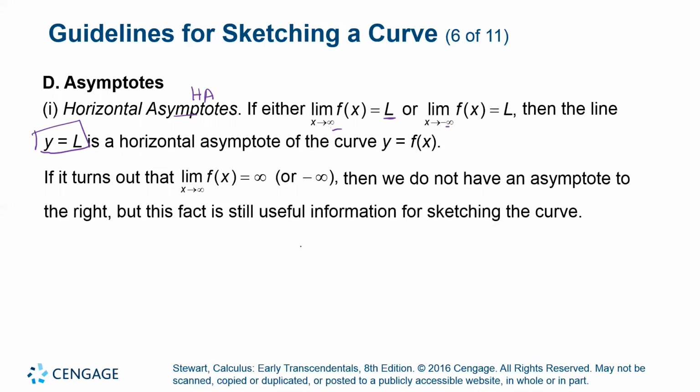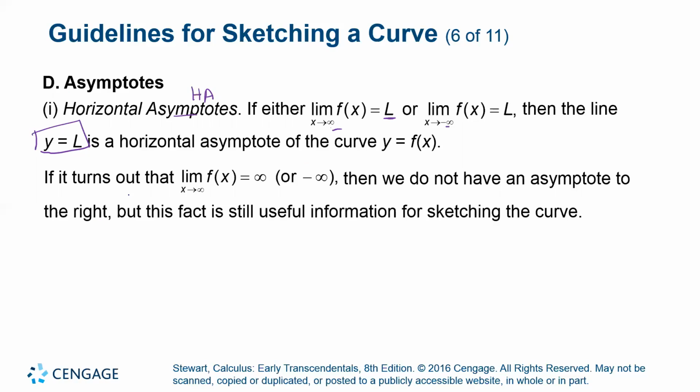If you have a rational function, remember that some functions can cross the horizontal asymptote. But a polynomial function doesn't have an asymptote, horizontal or vertical.